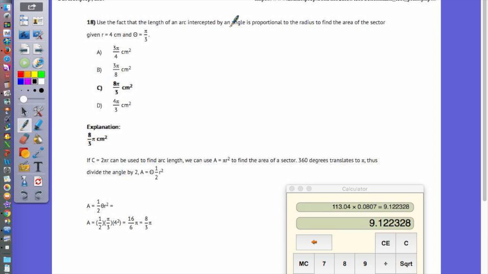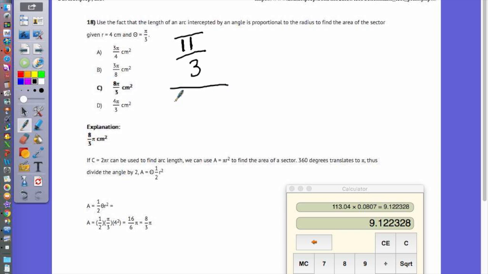Use the fact that the length of an arc intercepted by an angle is proportional to the radius to find the area of the sector. Okay, we know how to do these. Forget about the fact here. We want to find the area of the sector. So pi over 3, this symbol means measure the central angle.